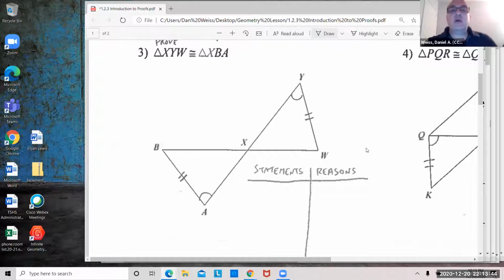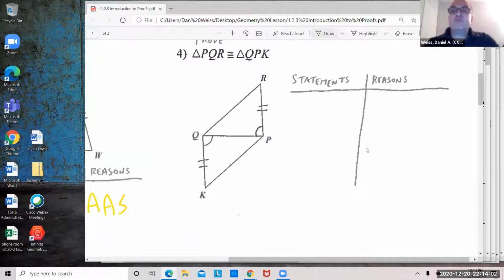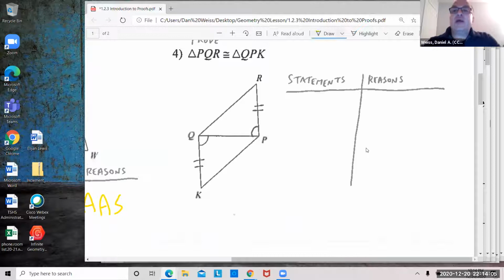Over here, why are these two going to be congruent? Well, I have this angle congruent to this angle because of vertical angles. So I'm going to have angle, angle, side, right? The side is not between the two angles, right? It's after the two angles. So it's angle, angle, side. Over here, I have this as part of both triangles, okay?